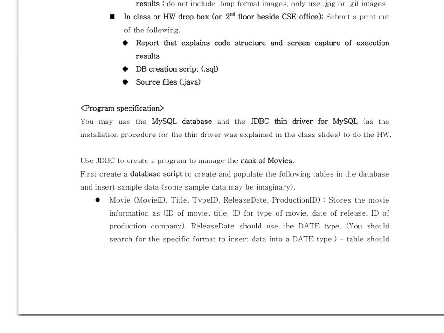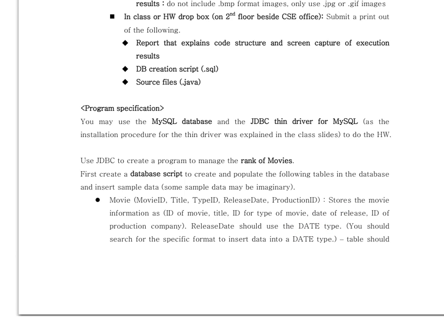These IDs are going to be used as IDs in other tables as well. When you create this date of release information, you want to use the date type provided in the database.